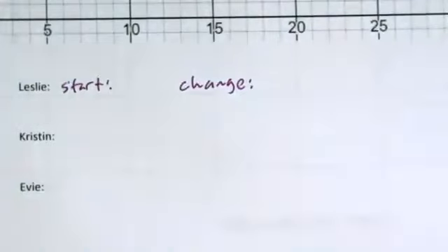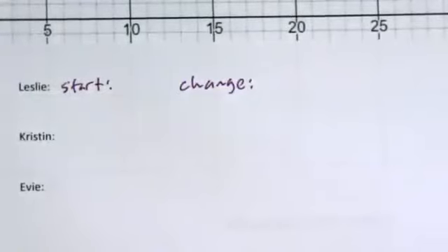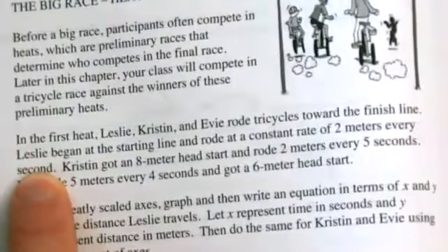I'm going to read a sentence about Leslie, and I would like you to listen for some numbers and see if you can figure out what is Leslie's start value and Leslie's change value. All right, so going back to the sentence here. Leslie began at the starting line and rode at a constant rate of 2 meters every second.